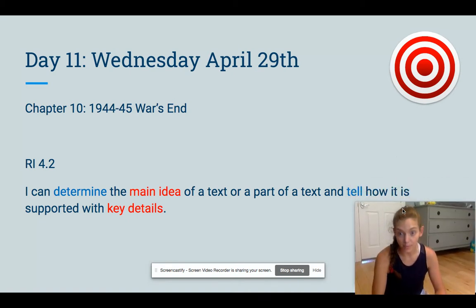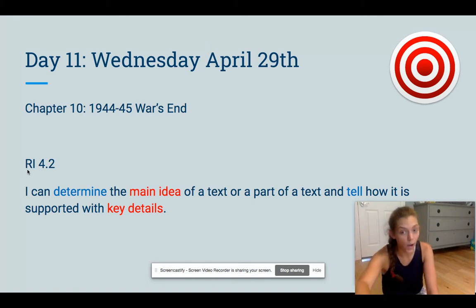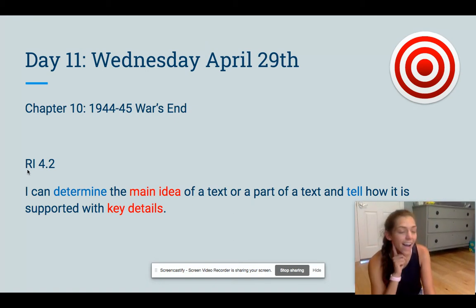probably the most important standard ever. Not ever, but the most important standard for an informational text, which is main idea. So our standard is RI 4.2. That R stands for reading.